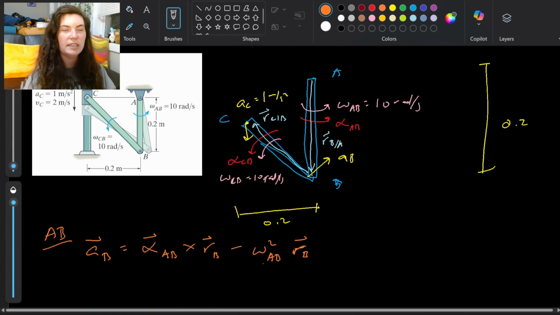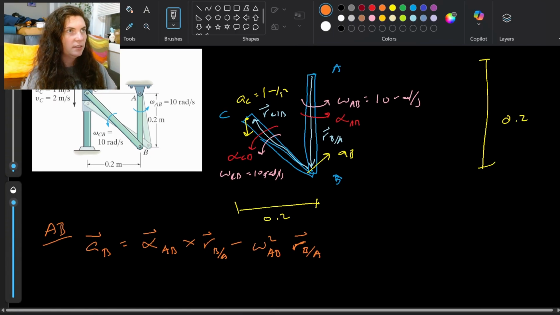And that RB is the exact same as the RB with respect to A. Right, it's just the B from that rotational point of A. So you can write that either way. And again, no acceleration of A, since A is not accelerating. It's rotation about a fixed axis.